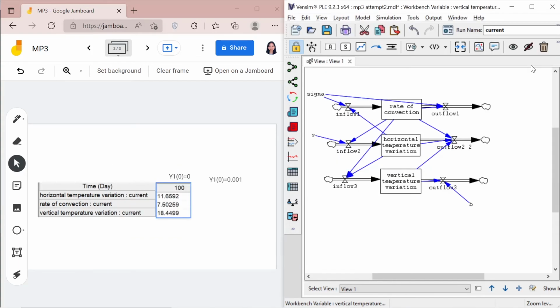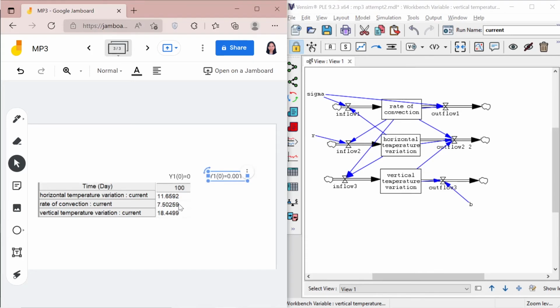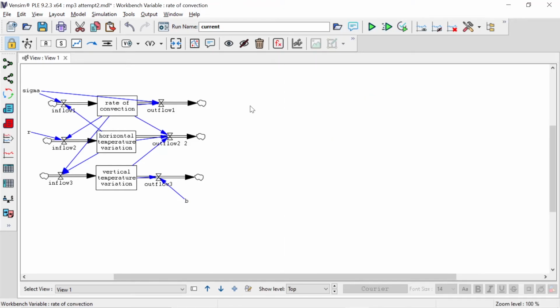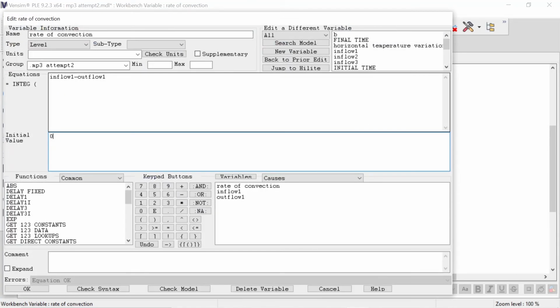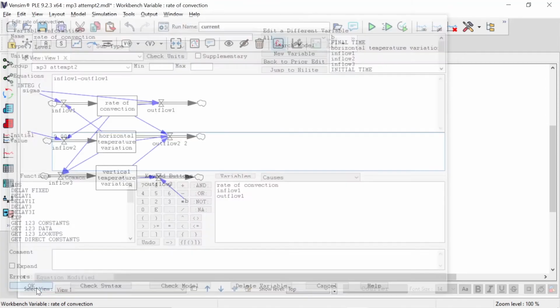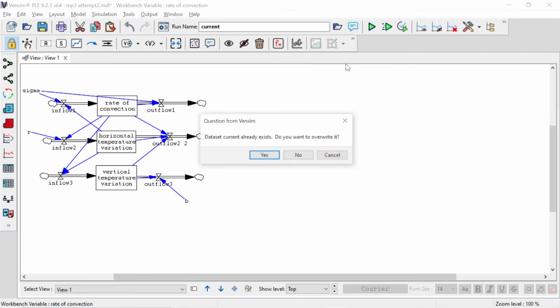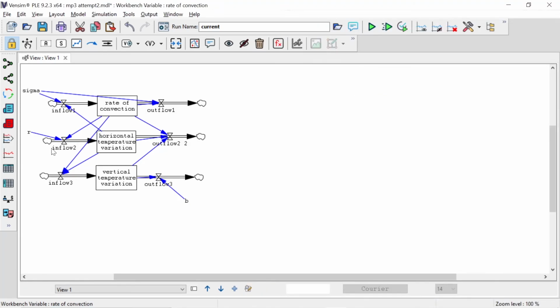Now let's perturb the initial value of y1 to 0.001. Let's run the simulation once again and check the values of y(100).